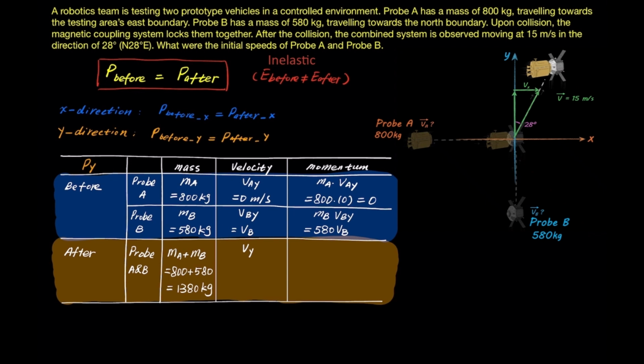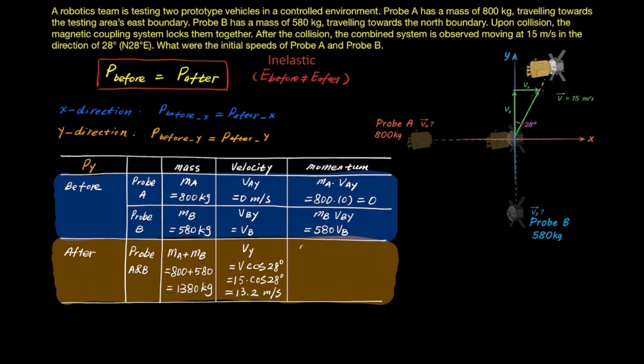The y component of the final velocity is the vertical side of this triangle. It's the adjacent side to the 28 degrees angle. So Vy equals V multiplied by cosine 28 degrees. V is 15 meters per second, multiplied by cosine 28 degrees. This gives us Vy approximately 13.2 meters per second.